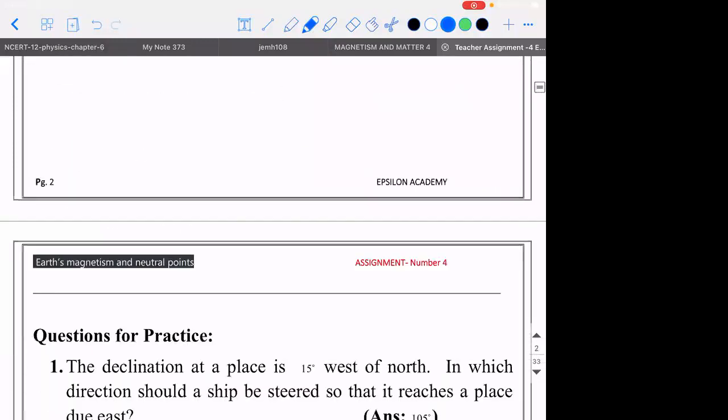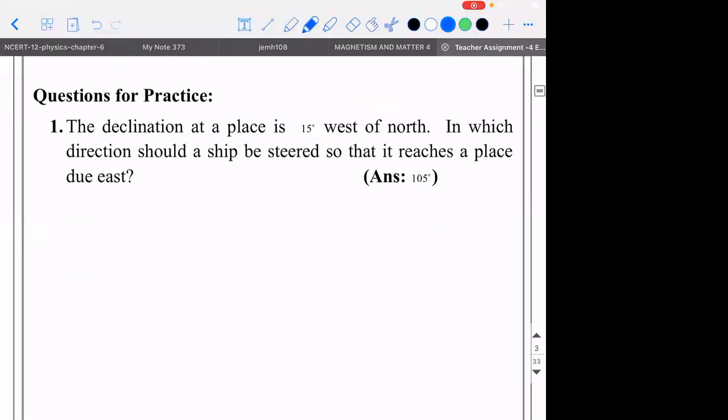Now, let's do the first question. The declination at a place is 15 degrees west of north. So what do you mean by 15 degrees west of north? There is an important point you need to concentrate on. When they say 15 degrees west of north, or they say northwest, this will always confuse you.